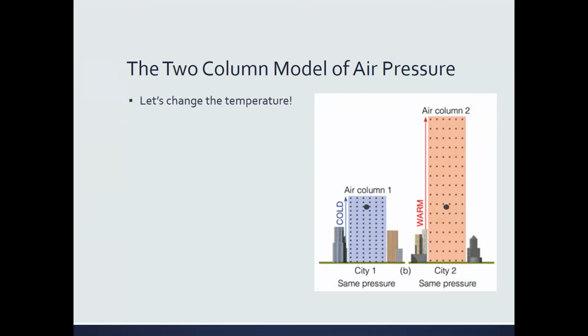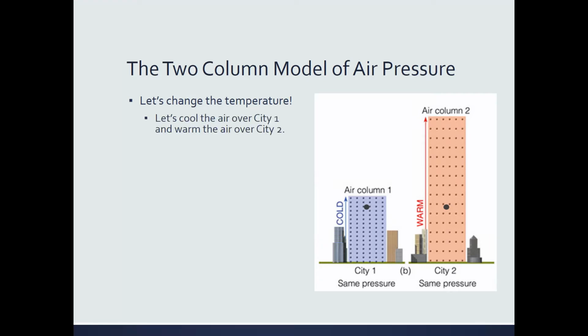Now let's play around with this a little bit. So let's change the temperature of each of these columns. So over city 1, let's cool the column down. Over city 2, let's warm the column up.